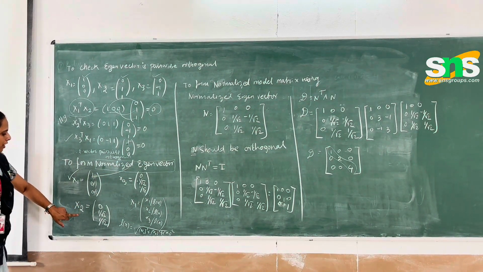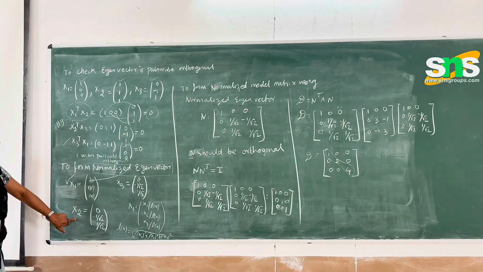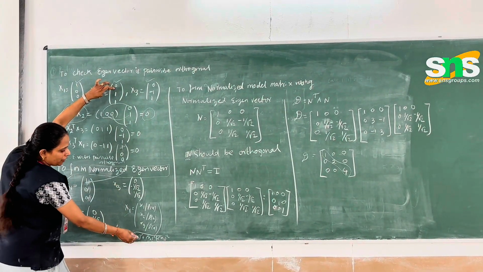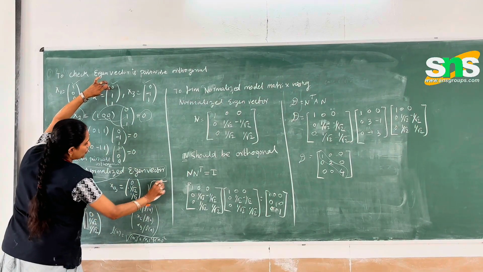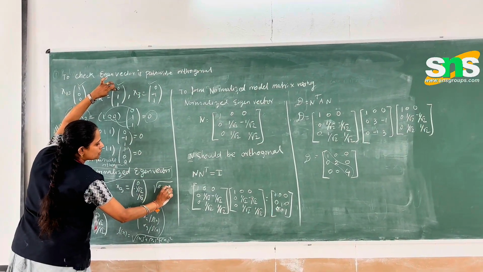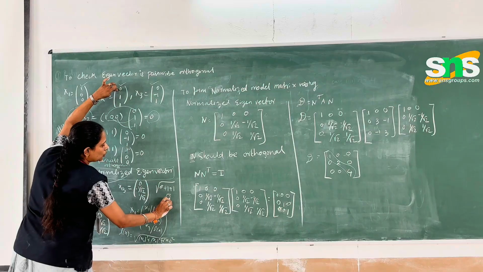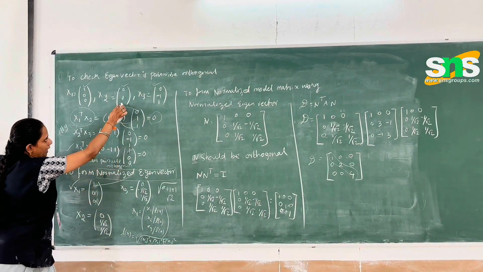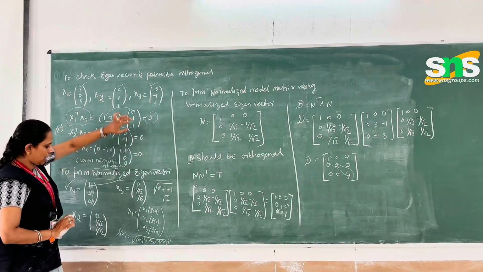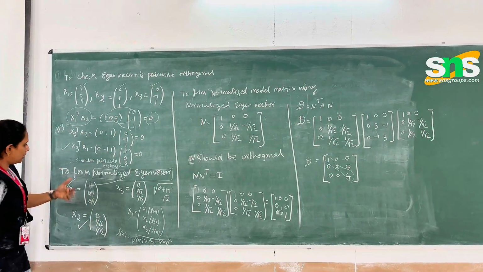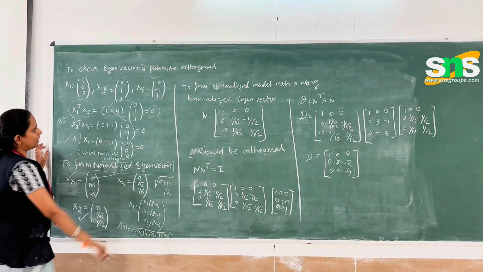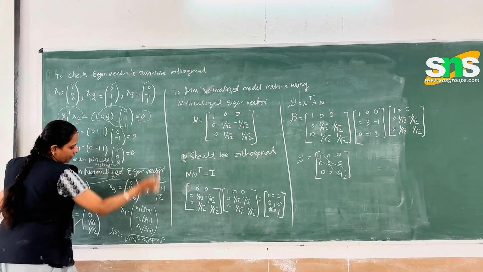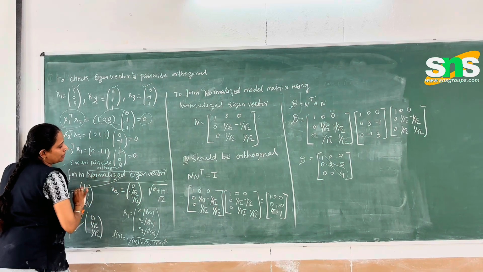Then we find the second normalized eigenvector. For this eigenvector, we find the length of x: root of 0 plus 1 square plus 1 square, that is root 2. Then 0 divided by root 2, 1 divided by root 2, and again 1 divided by root 2. Then we find the third normalized eigenvector.